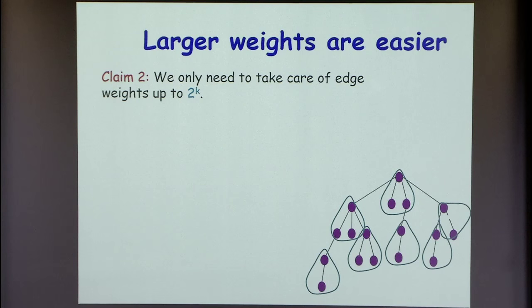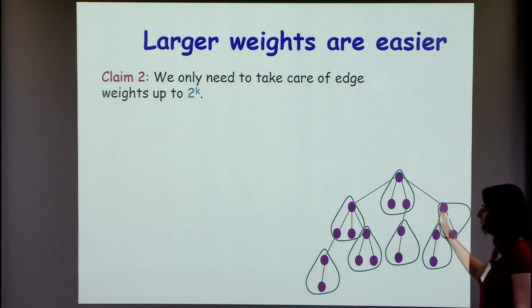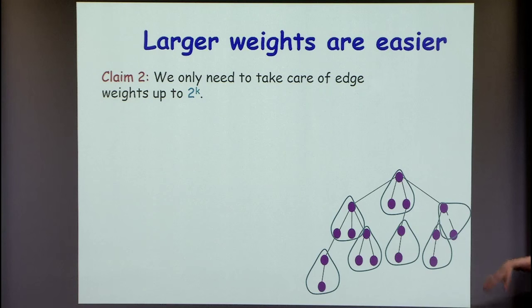But the general idea is that larger weights are actually easier. Why? Say that I have to handle much larger weights. What can I do? I can take my MST, and I can always just add the MST, assume that my MST is in my spanner. It doesn't cost much.